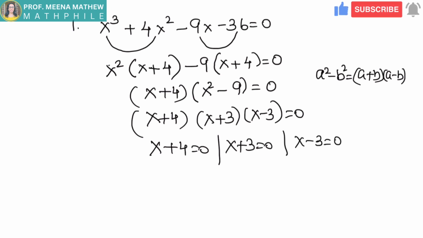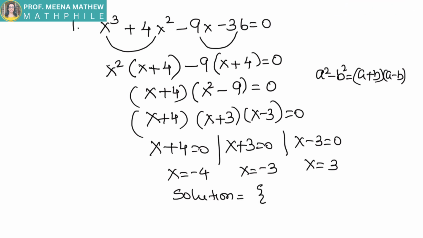Now we can solve. x plus 4 equals 0 means x equals negative 4. x plus 3 equals 0 means x equals negative 3, and here x equals 3. So the solution is negative 4, negative 3 and 3.